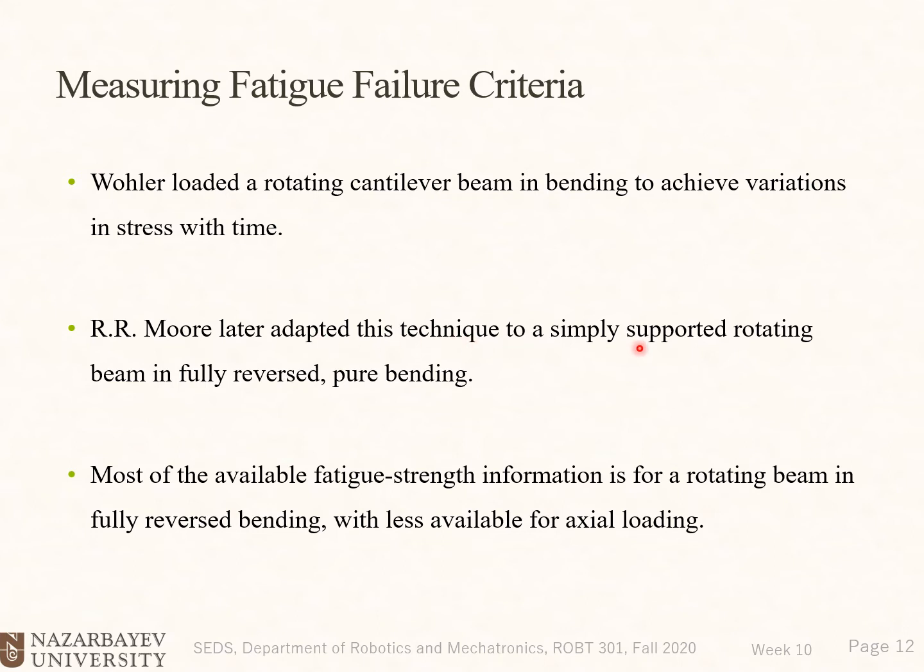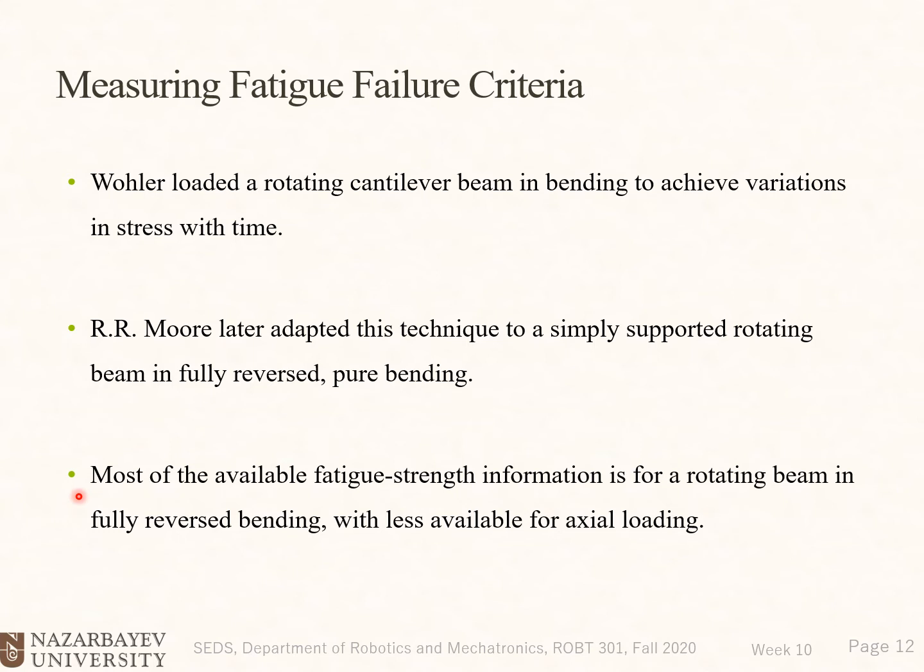He had a beam, but instead of a cantilever beam, he used a simply supported beam, and then he rotated the beam. He had two constant forces at the center of the beam. You could see that one point at the cross section could experience pure bending that goes from positive to negative.